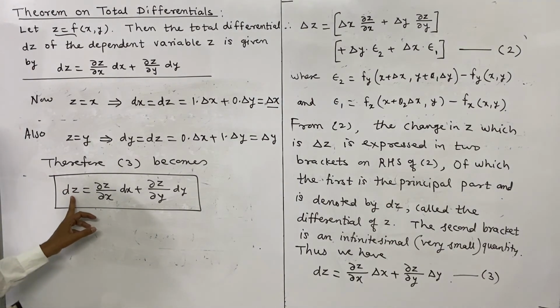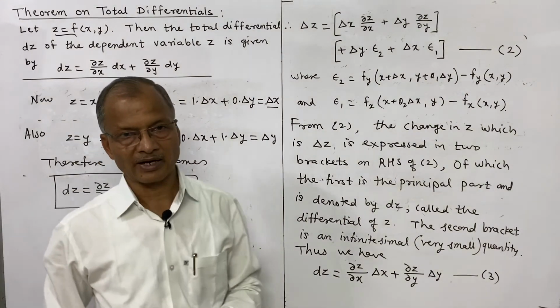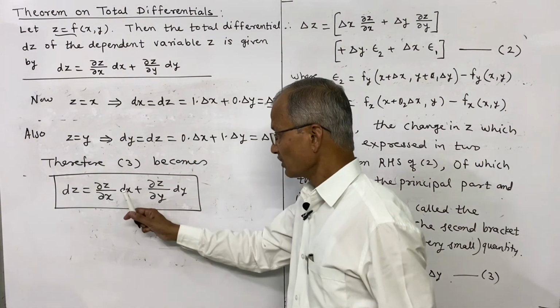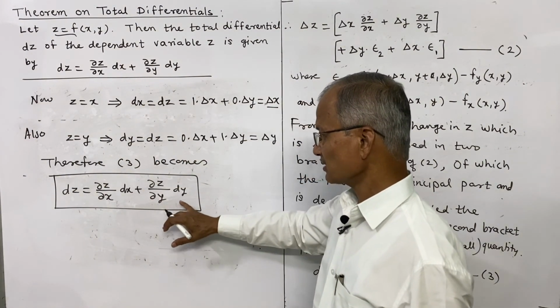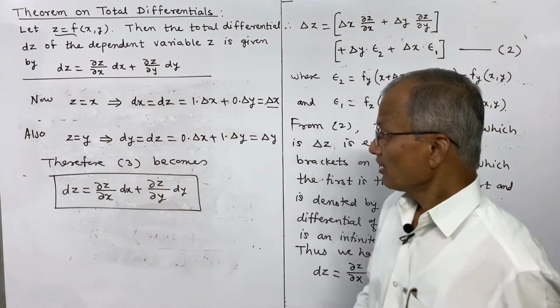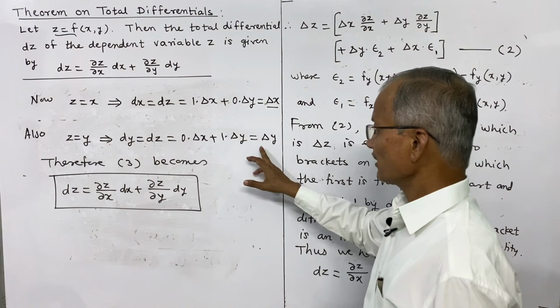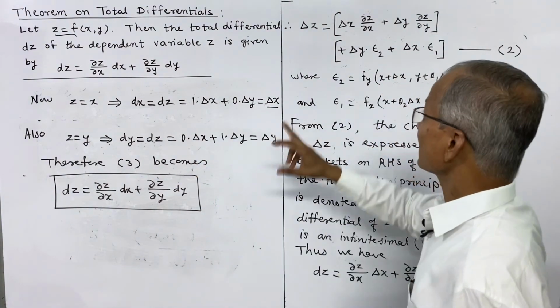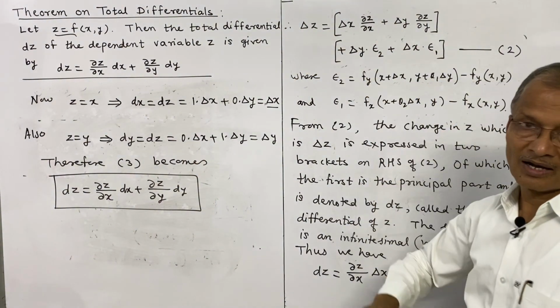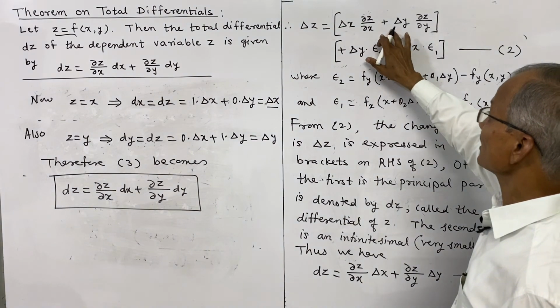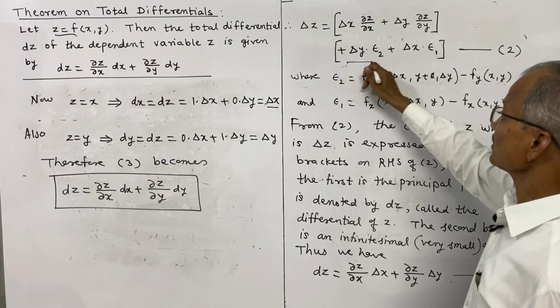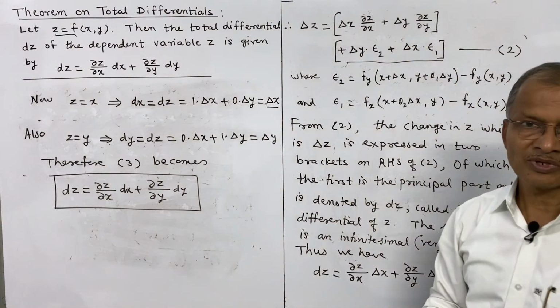What is dz? dz is the differential of z, dx is the differential of x, and dy is the differential of y. Delta x and dx are equal, delta y and dy are equal, but delta z is not equal to dz. Delta z is actually dz plus this value, which is infinitesimal. That is to be noted.